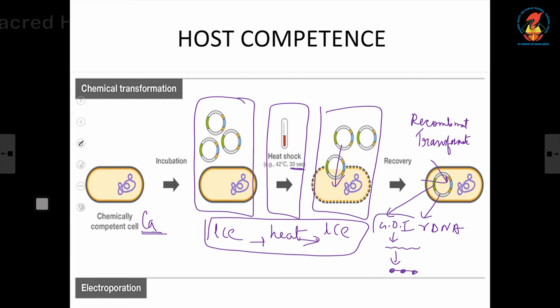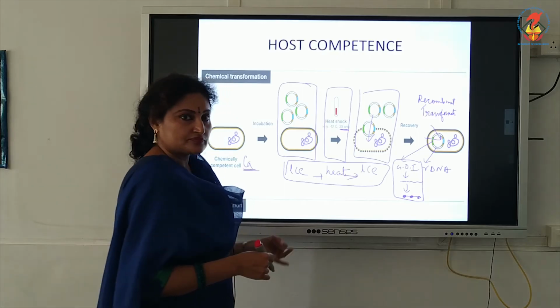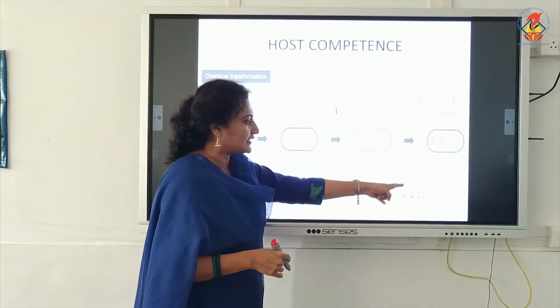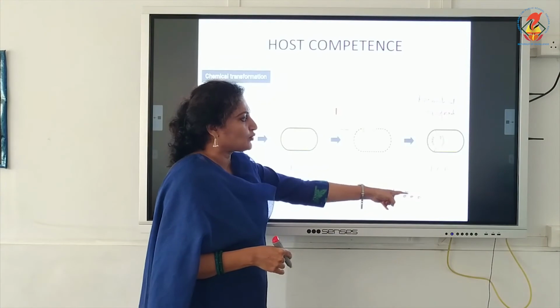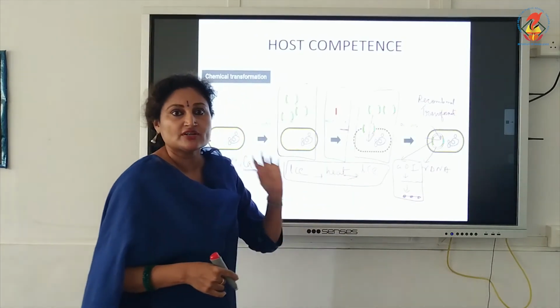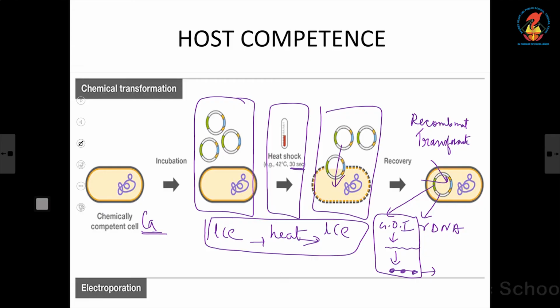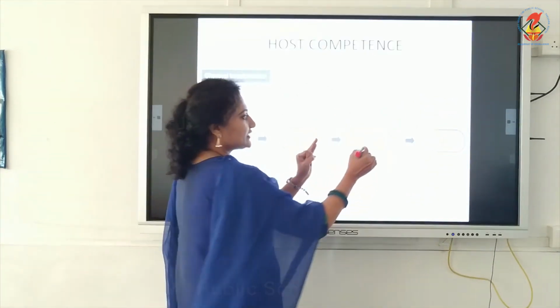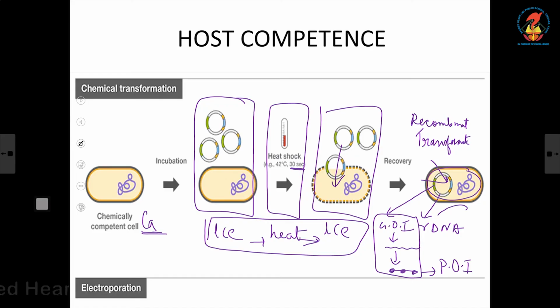So, this is a symbolic representation of the central dogma or the stages. The gene of interest will undergo transcription to form the mRNA, and that undergoes translation to get the protein of interest. So, the ultimate aim is not the gene of interest, but to get the protein of interest. So, to get the protein of interest, second, it should get multiplied.